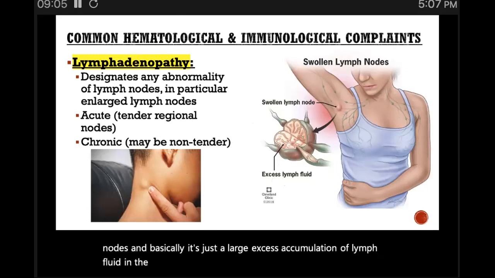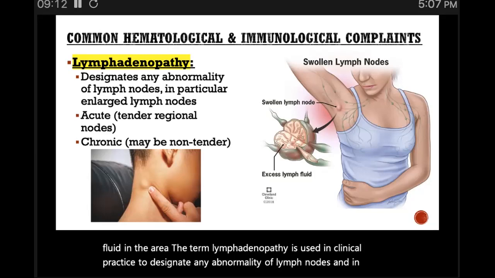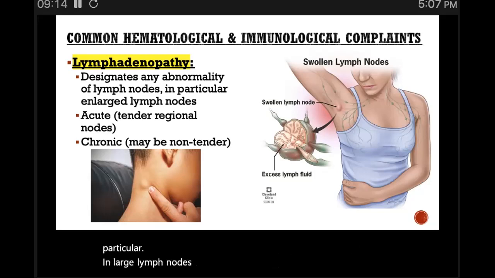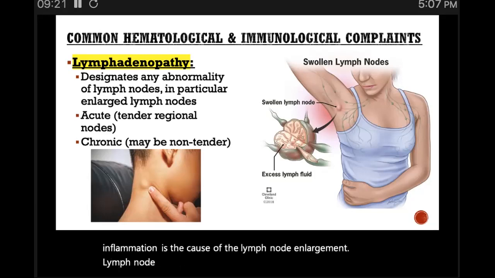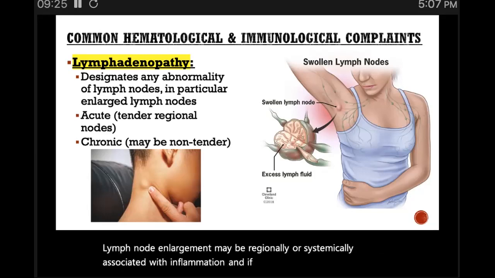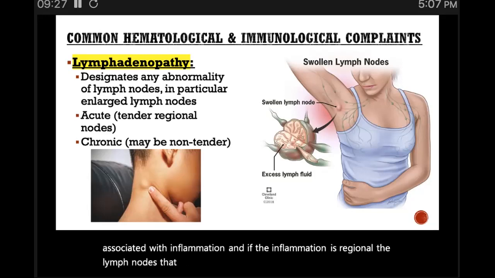The term lymphadenopathy is used in clinical practice to designate any abnormality of lymph nodes, and in particular, enlarged lymph nodes. Lymphadenitis is a term that suggests that inflammation is the cause of the lymph node enlargement. Lymph node enlargement may be regionally or systemically associated with inflammation. And if the inflammation is regional, the lymph nodes that are proximal to a site of infection will show enlargement.